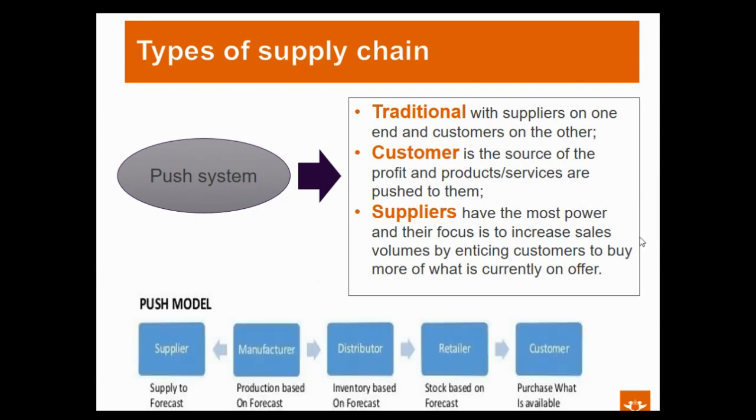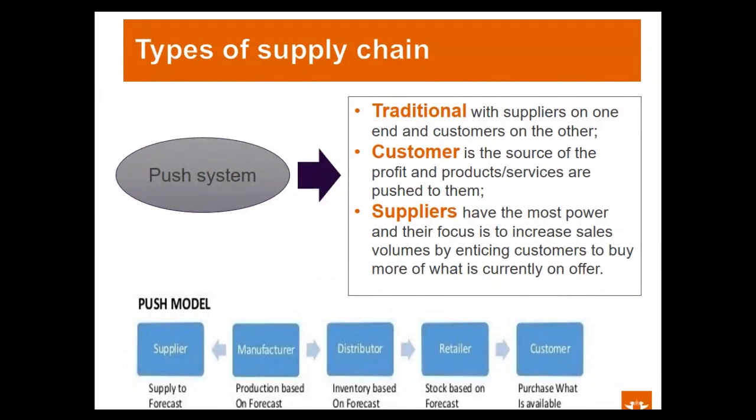If we just look at this on a diagram, you'll see that you have production forecasts. Your distributors and retailers all forecast the possible need or the demand for the product. Then based on that, the manufacturer sources supplies.